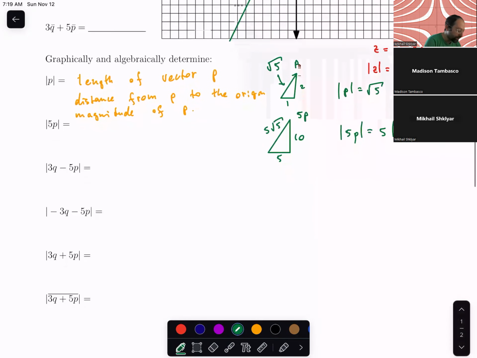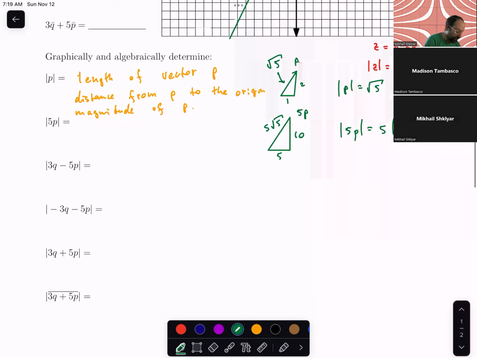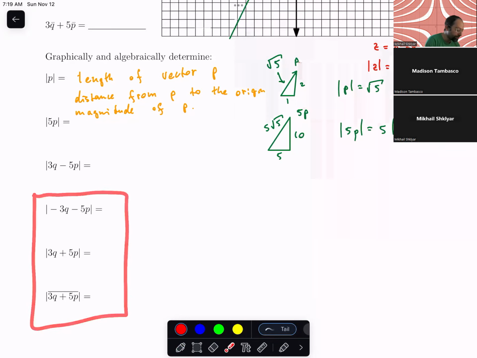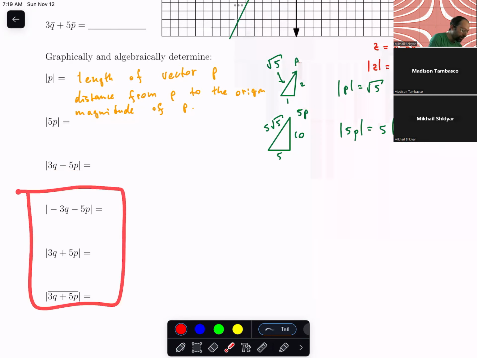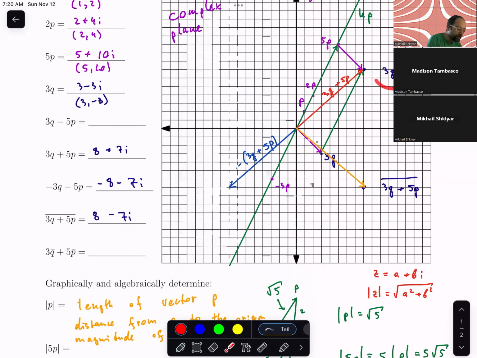And I mean, graphically, all of these values should be the same. Okay, so I'm skipping this one, minus 3q minus 5p. It's not that important, but these are important. Realize that 3q plus 5p is right here.